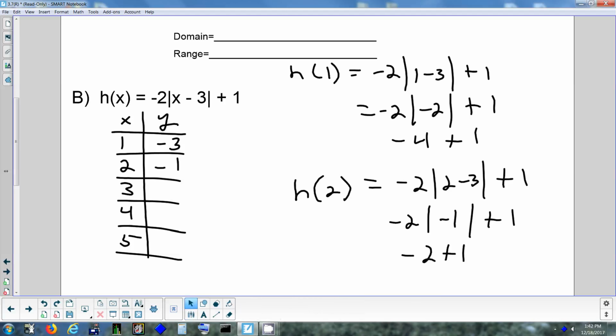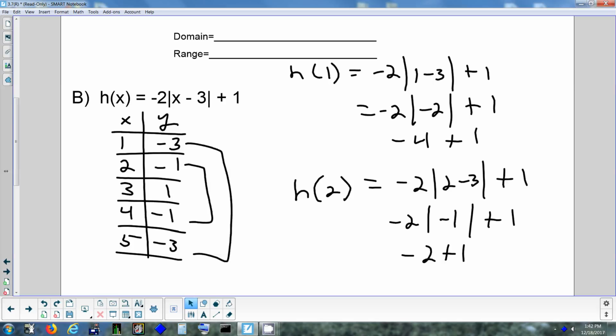Absolute value of 0 is 0. 0 times -2 is still 0, plus 1 is 1. Now, I know we did the first 2 right, so I'm going to copy those values down.